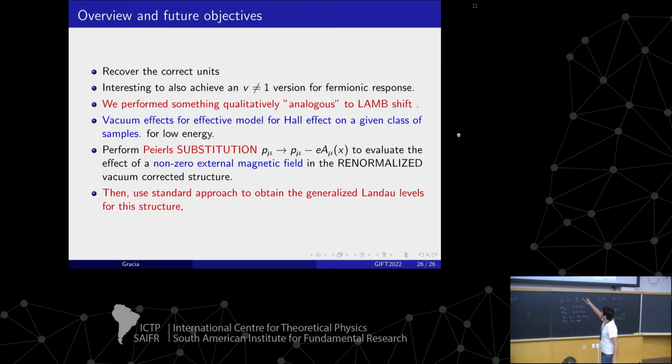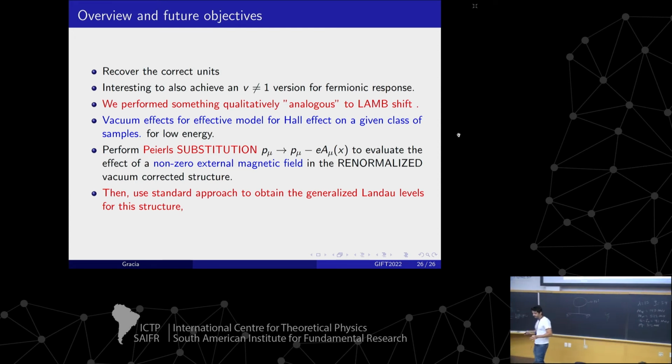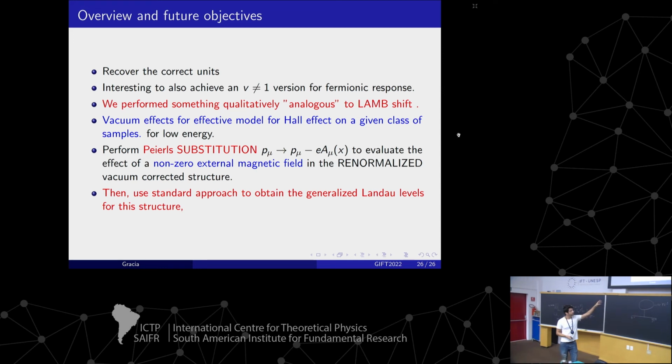Then, in order to put the magnetic field, we would like to take the whole vacuum correction structure, perform the minimal substitution, and we can use creation and annihilation operators to find a version of this Hamiltonian and generalized expression for Landau levels.